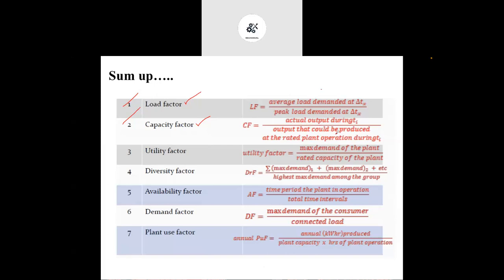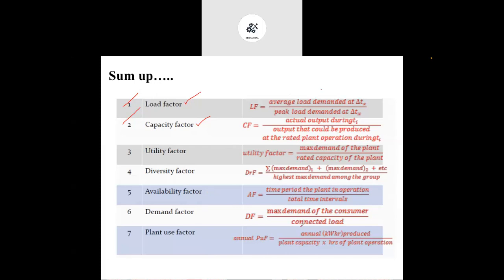Utility factor is the ratio of maximum demand of the plant divided by rated capacity of the plant. Diversity factor is the summation of maximum demands of each individual customer divided by the highest maximum demand among the group. Availability factor is defined as the time period for which the plant is in operation divided by the total time interval.